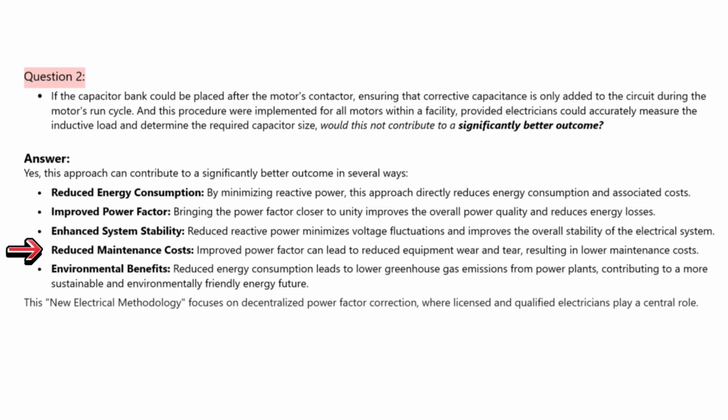Improved power factor can lead to reduced equipment wear and tear, resulting in lower maintenance costs. Environmental benefits. Reduced energy consumption leads to lower greenhouse gas emissions from power plants, contributing to a more sustainable and environmentally friendly energy future. This new electrical methodology focuses on decentralized power factor correction, where licensed and qualified electricians play a central role.